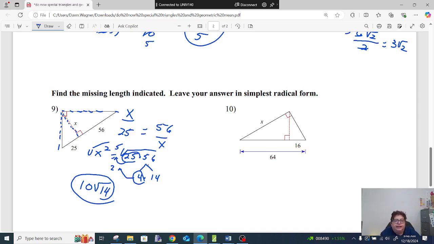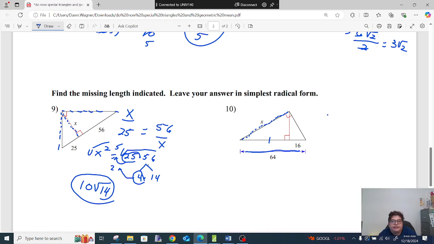Okay, so now I'm looking at number 10. Which one of these is a geometric mean? X, because it's coming off the big triangle. Now, when you have the leg, you use the side it touches and then the whole hypotenuse. How do I find the side it touches?